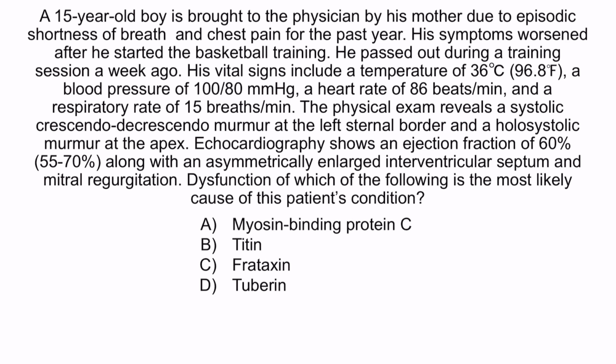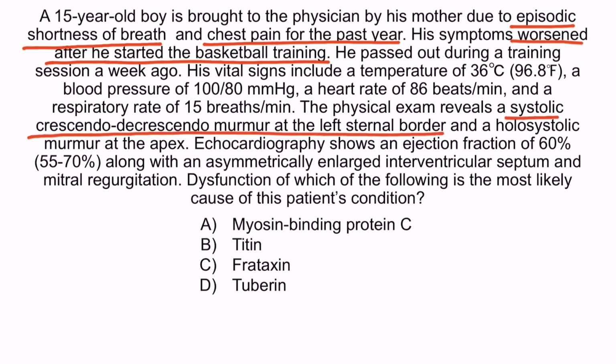This patient presents with episodic shortness of breath and chest pain for the past year. His symptoms worsened after he started basketball training. The physical exam reveals the systolic crescendo-decrescendo murmur at the left sternal border consistent with hypertrophic obstructive cardiomyopathy, and a holosystolic murmur at the apex consistent with mitral regurgitation.